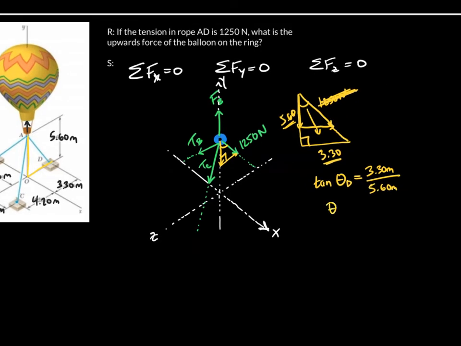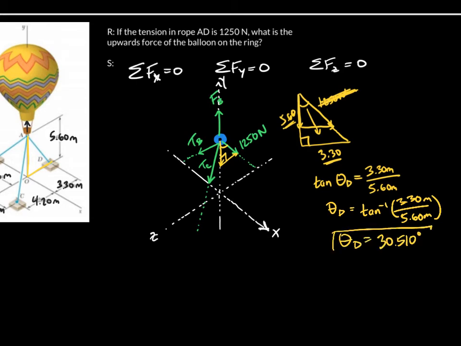So theta d equals the inverse tangent of 3.30 meters divided by 5.60 meters. Okay, so theta d equals 30.510 degrees.